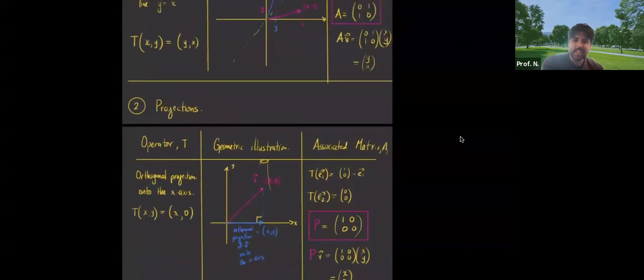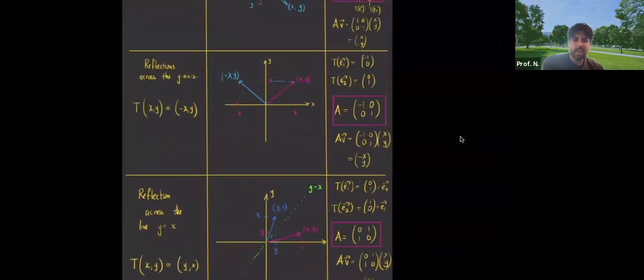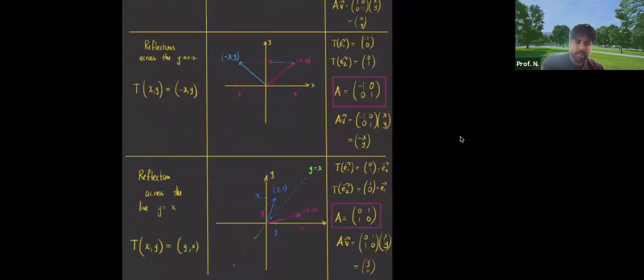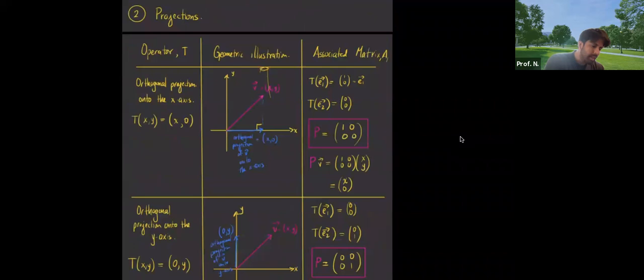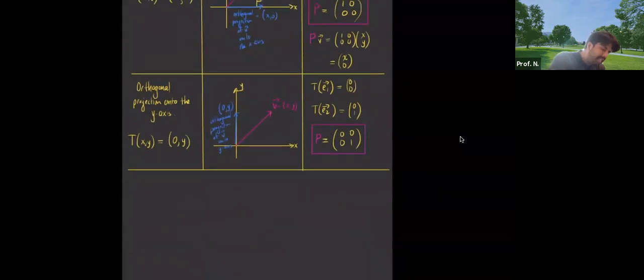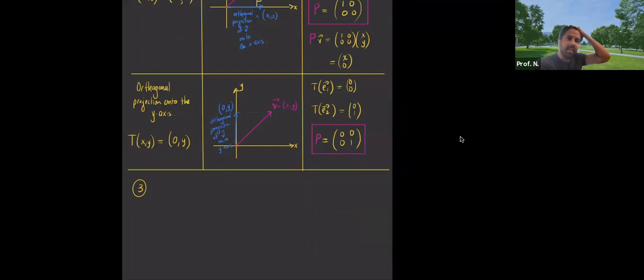Okay. So we have projection operators, we got reflection operators, and there's one more, which I think is more fun than the previous two. We're not going to talk about dilations because I don't think there's much to that. I think dilations are just the identity matrix being multiplied by a scalar.